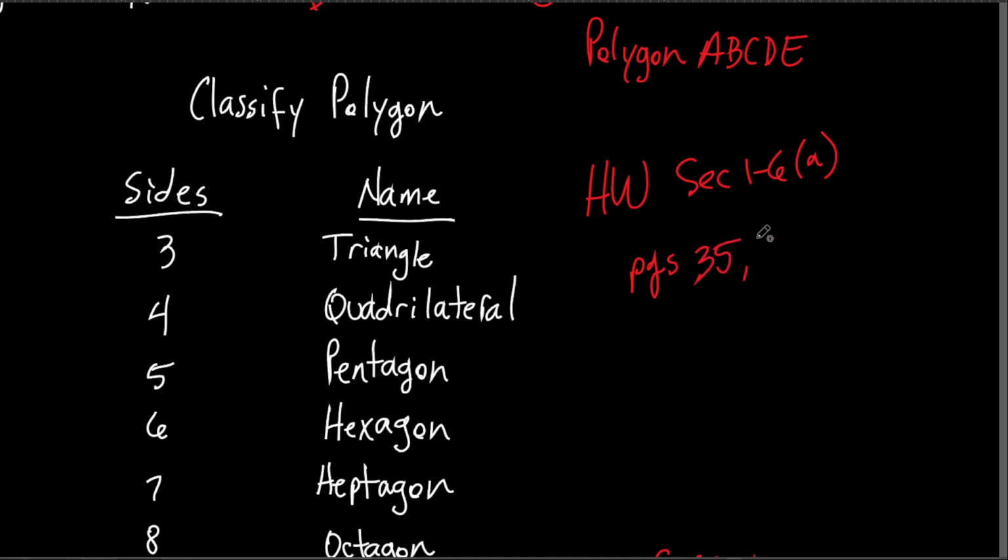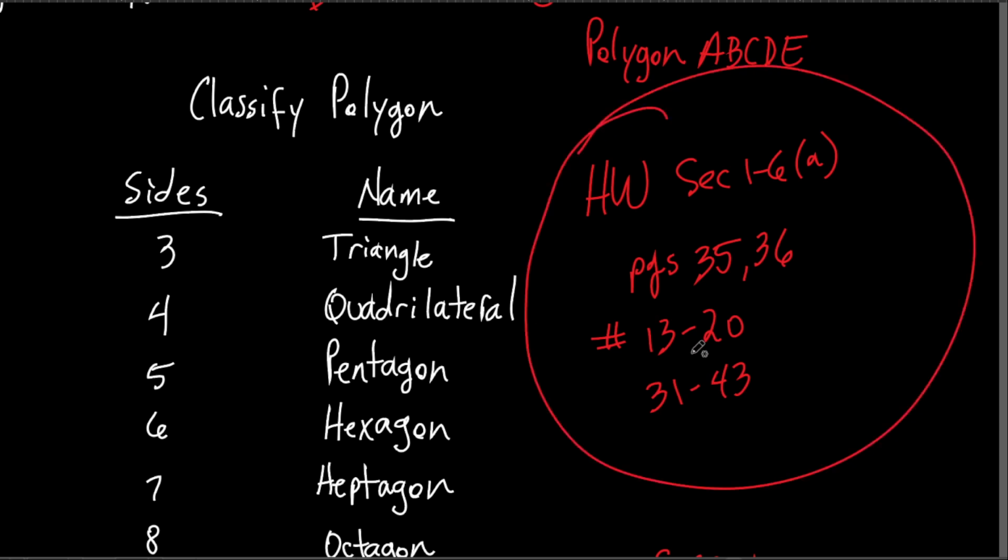This is on your lesson plan. I gave it to you on Monday, but this is for the people on YouTube if you didn't get a lesson plan. Problems 13 to 20 and 31 to 43. There may be some on here that we haven't covered yet today. But try to do as many of these as you can, and then we'll finish it up tomorrow. There it is.